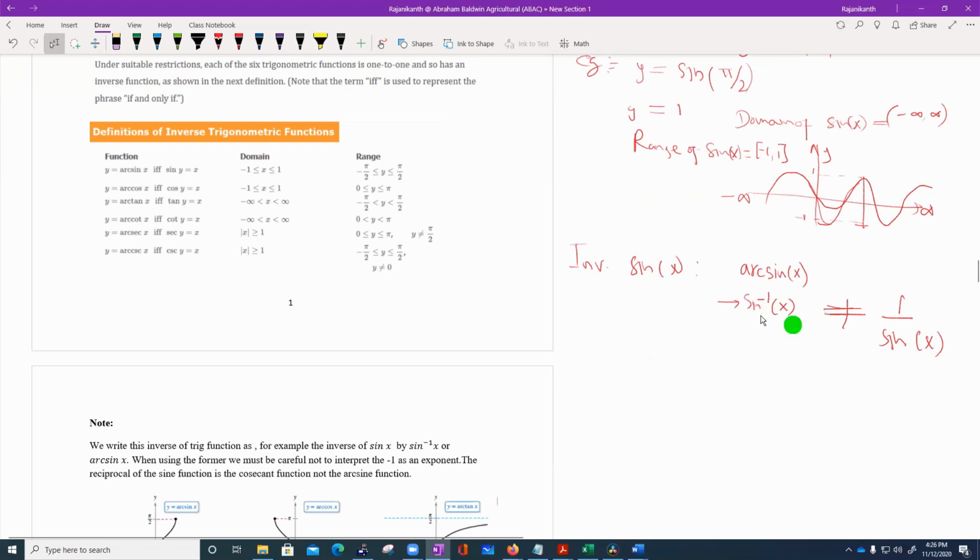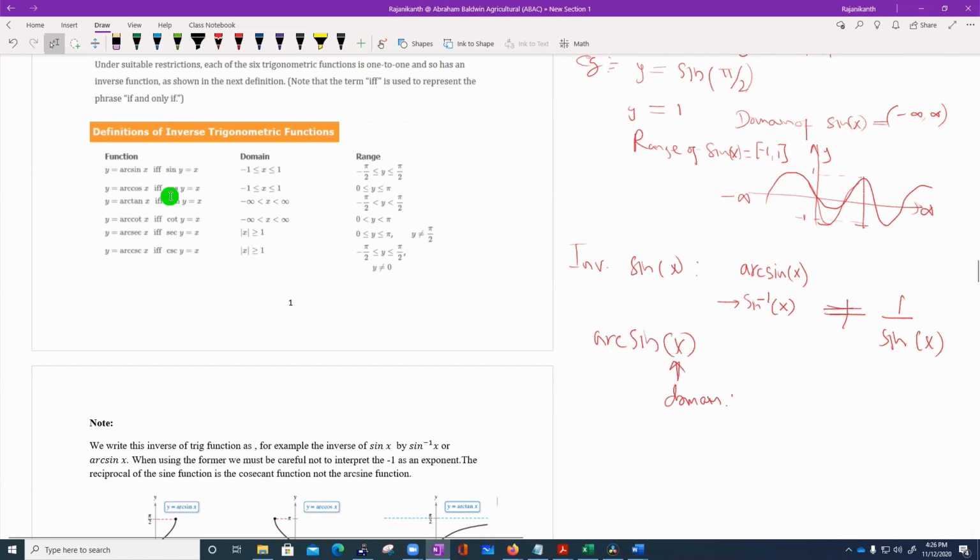But here, if you are given the arcsine function, this is nothing but the inverse of the sine function. Again, this is also a function, right? Now, for this function, the domain is going to be what? The domain is basically going to be the range of the sine function. You have to flip around the domain and the range of the actual function to define the domain and the range of the new function, which is the inverse function.